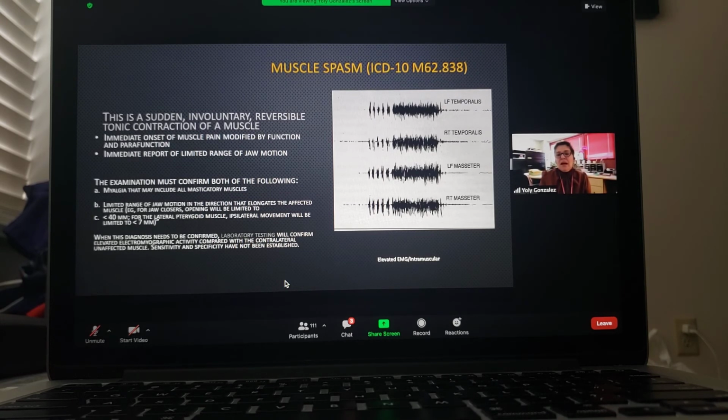In that validation process, actually, I remember there was only one patient that we thought could be a muscle spasm, and it was not a muscle spasm. Do we routinely do EMG in our patients to rule in or rule out muscle spasm? No, we don't.